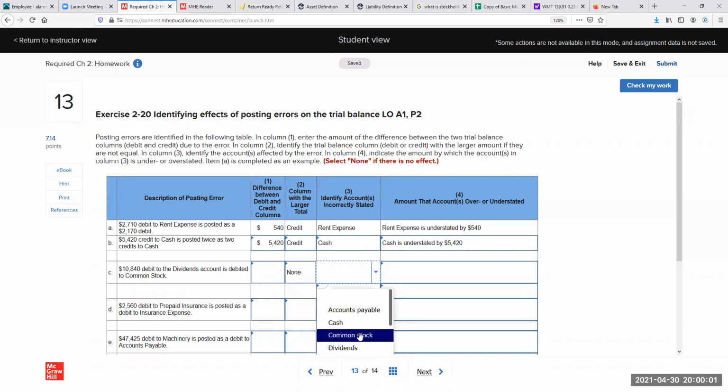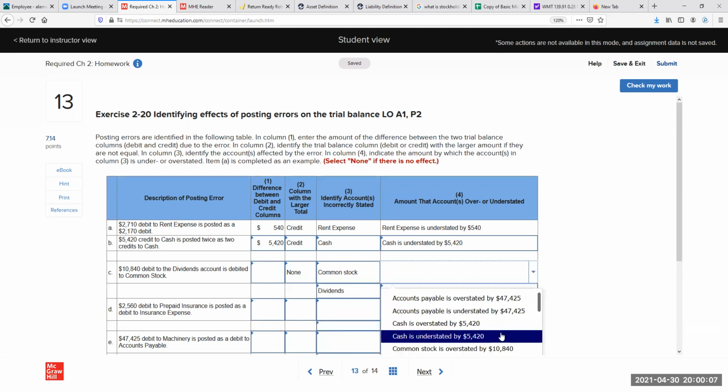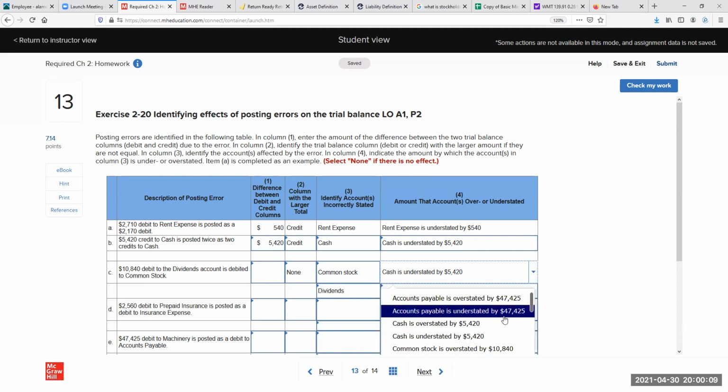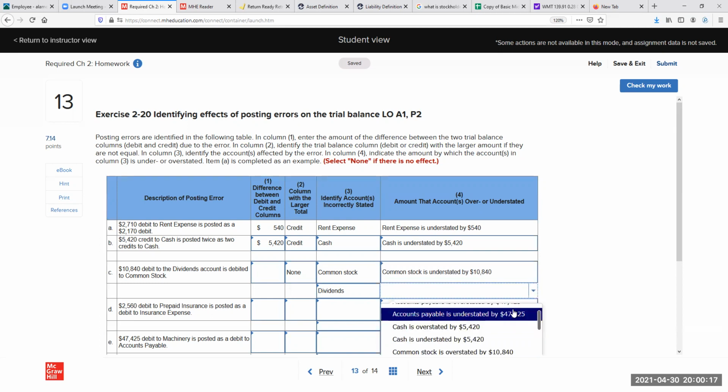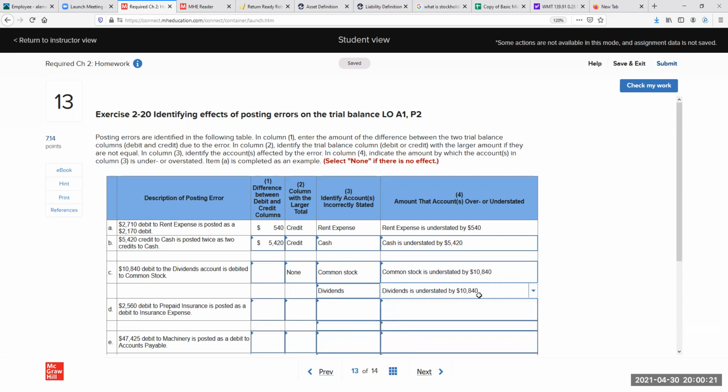Common stock is understated because you debited it, which reduces it. And dividends are understated. All right, we'll see if we're right.